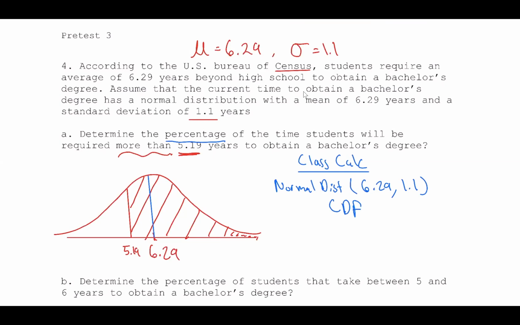For this one, we have to figure out the lower bound and the upper bound. The lower bound will be 5.19. The upper bound, if you keep going and going, is positive infinity. So in ClassCalc, that's what I'm going to punch in. Let me go over to ClassCalc and punch this in.